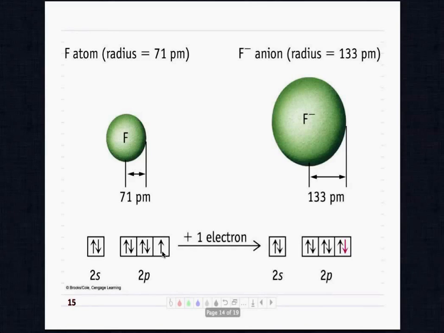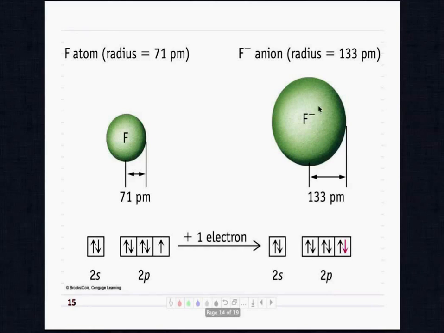Then if we add one electron, we're taking it from an atom to an anion, F minus. I'm going to add one electron to this orbital, and definitely when I add the electron here, there will be two electrons that are paired and they will have some repulsion, and that would increase the radius of the anion.